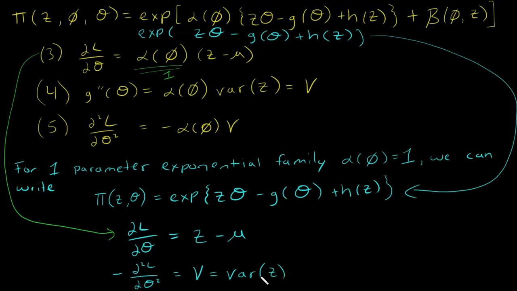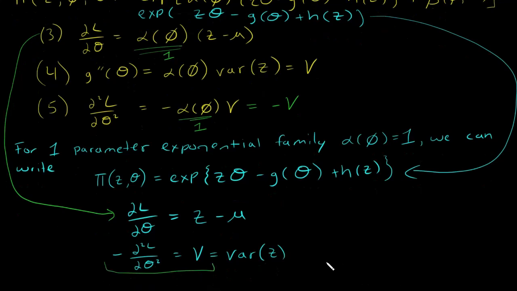This last one uses both equations 4 and 5 to derive. So basically, we see on equation 5 that when this is 1, this basically equals negative v, right? You move the negative to the other side, and you get what you see here.